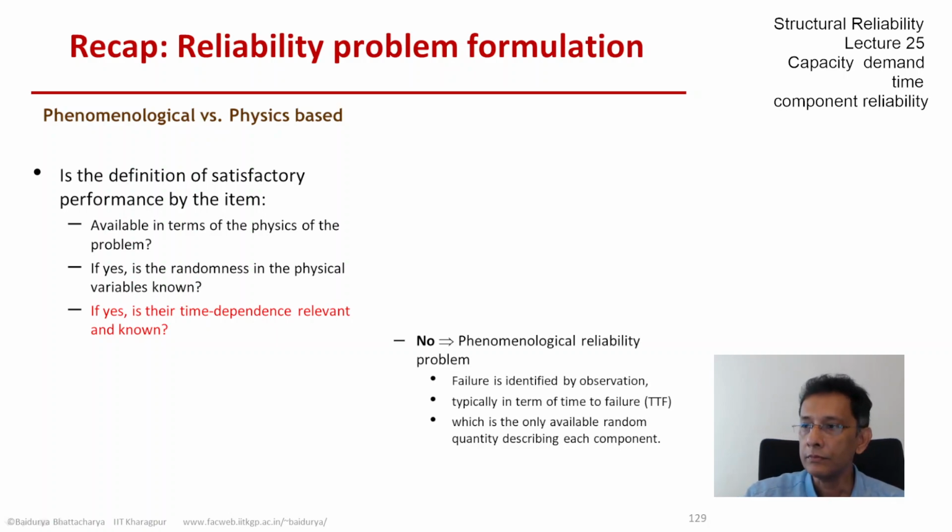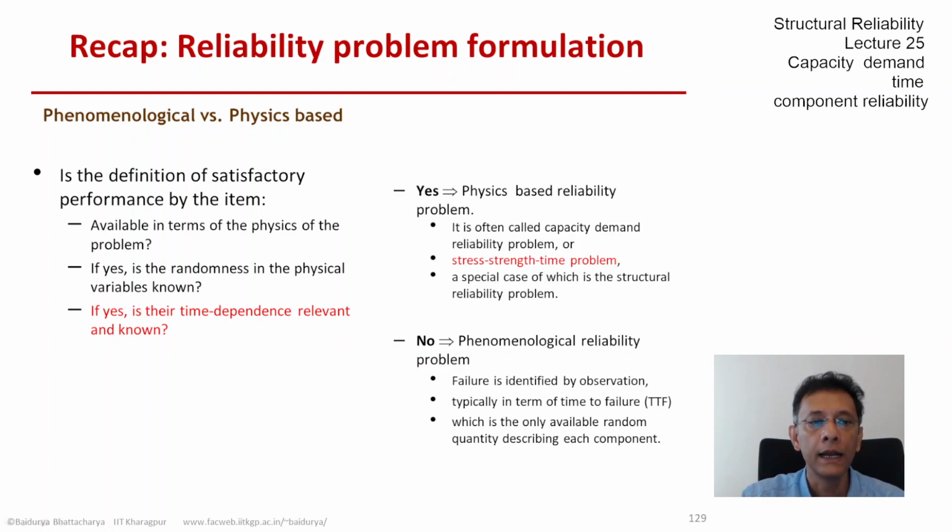If the answer is no to any of these questions, obviously we go back to the phenomenological approach, but here we have the answer, and that gives us the capacity, demand, time, or the stress strength time approach to reliability, and that's what we're going to look at today for a component.